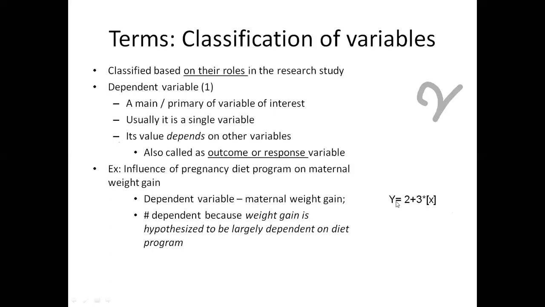So y is called the dependent variable, and x is considered the independent variable, right? Most of the time what we are interested in is finding out the relationship between x and y. If you know the value of x and if you know what this relationship is, then you would like to predict or come up with the value of y, right? That's a large part of what we do in data analysis.